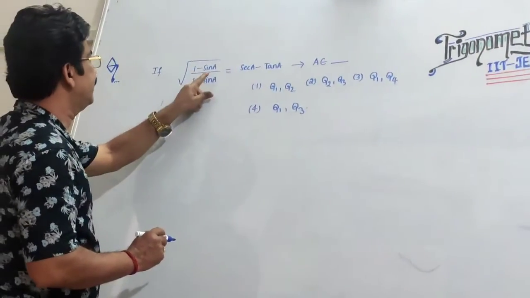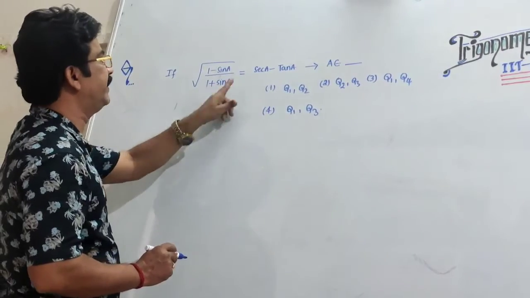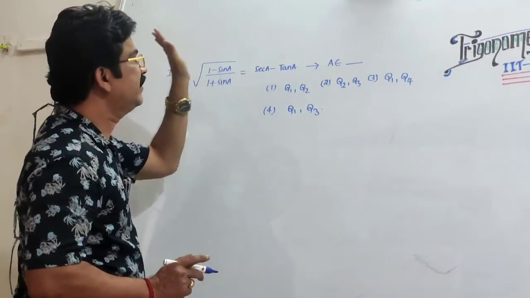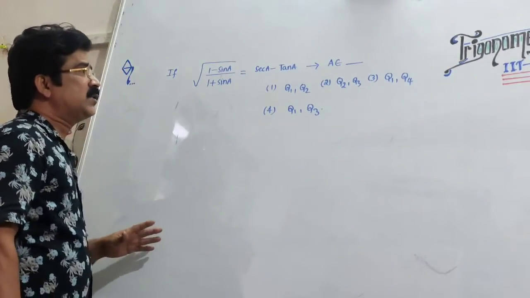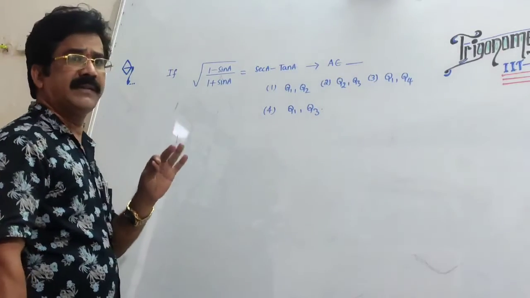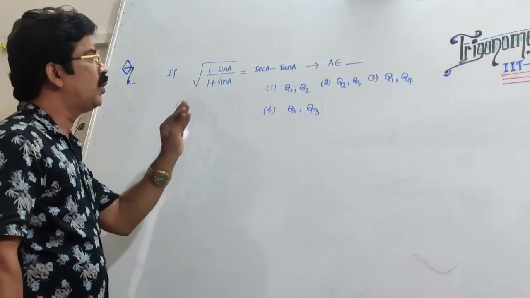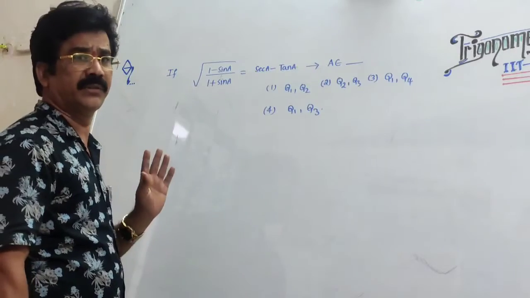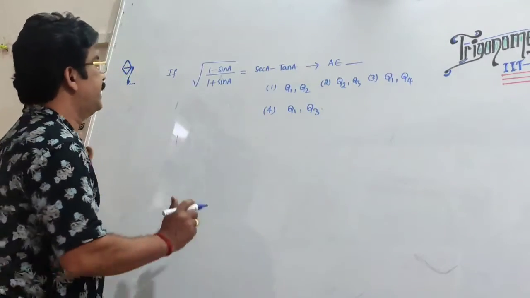Square root of 1 minus sin A divided by 1 plus sin A is equal to secant A minus tan A. This question teaches us the application of quadrants, all silver teacups. Understand? Right, one minute.